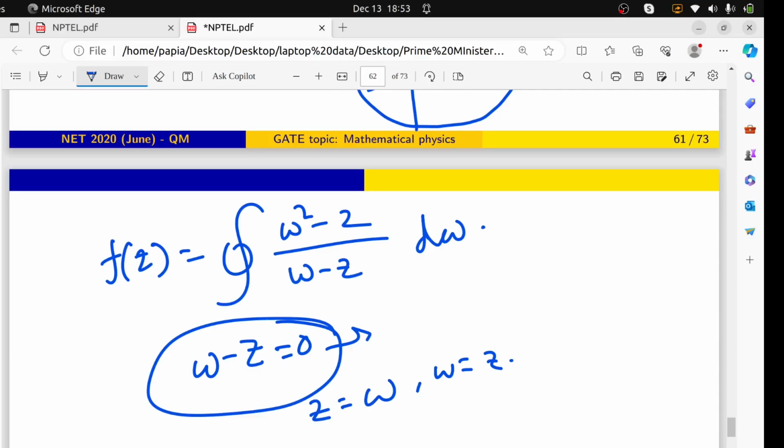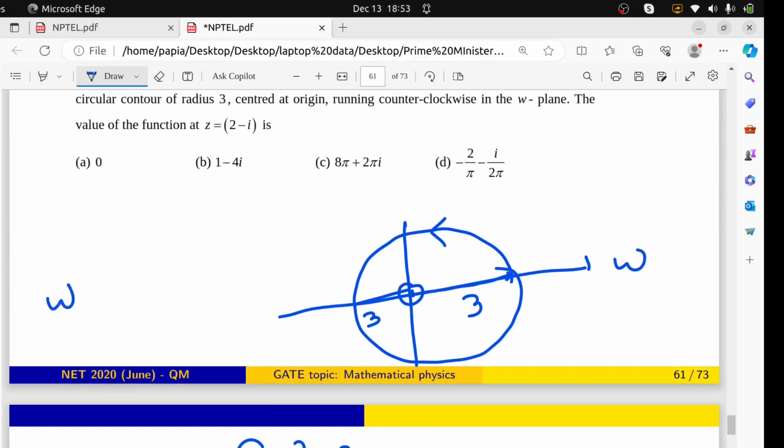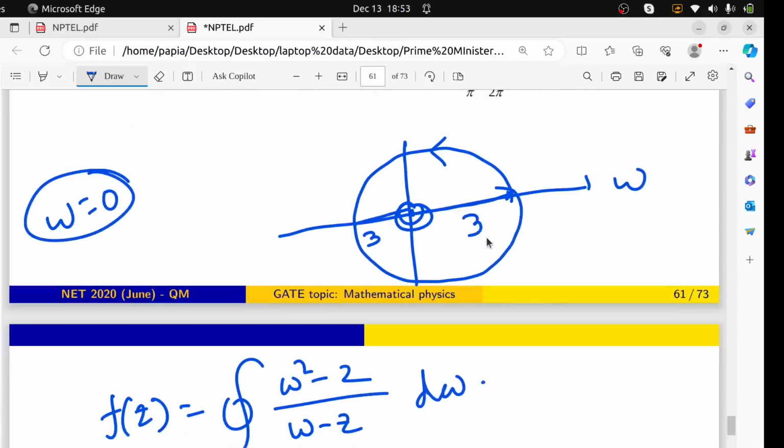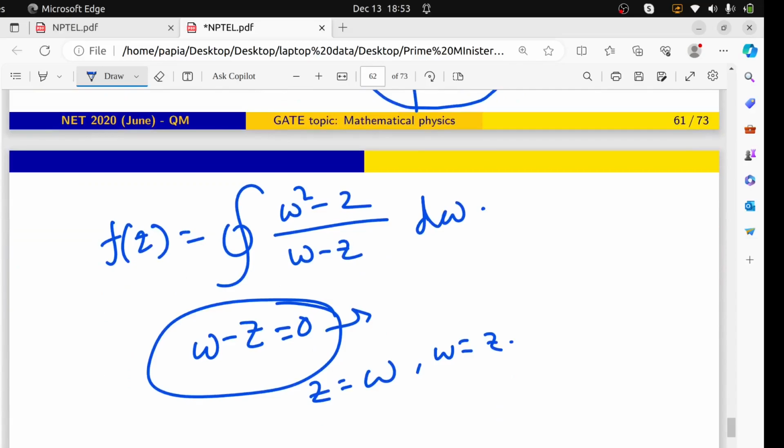Yes, this is the pole. So if it is a pole, then if I am putting w as 0, this point will give a singularity, something by 0.